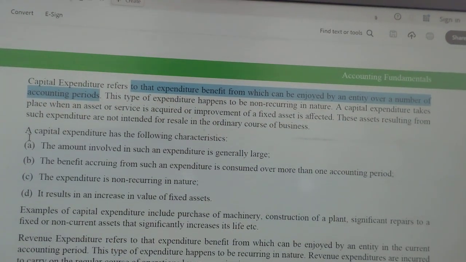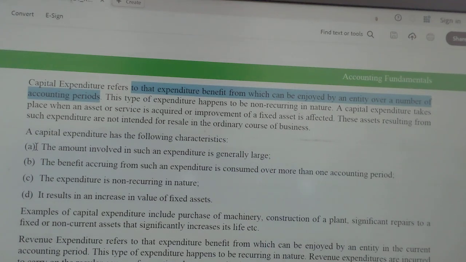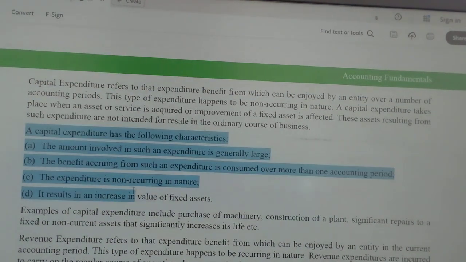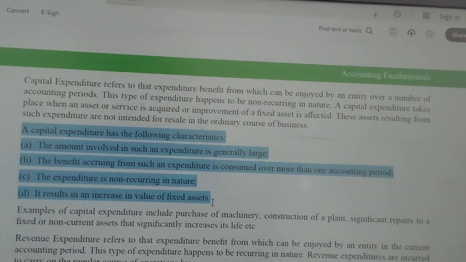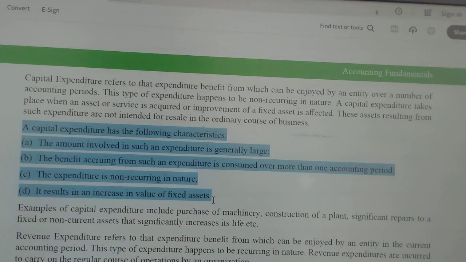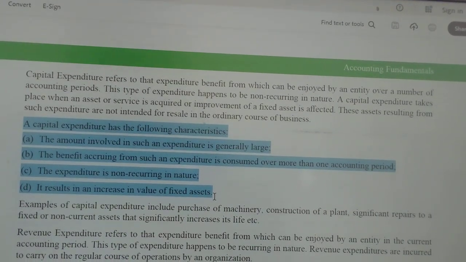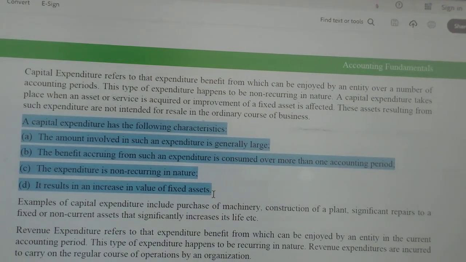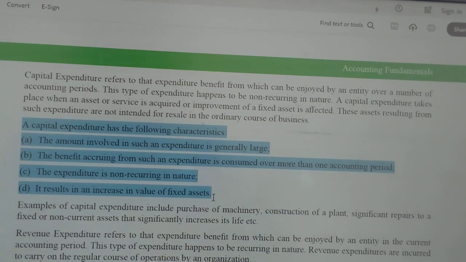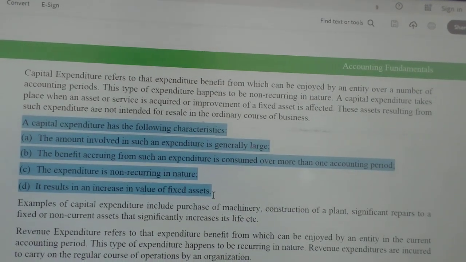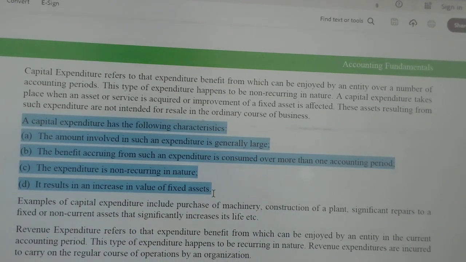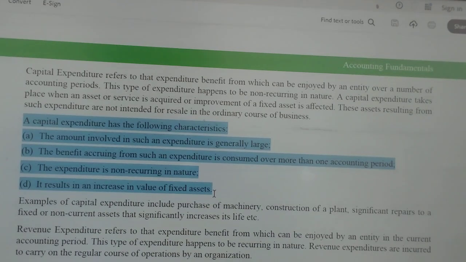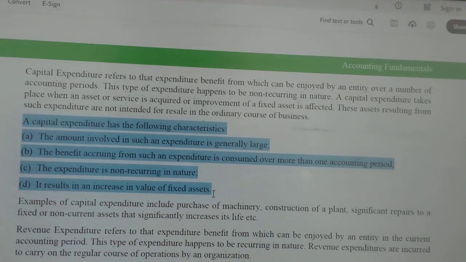Now we will understand the characteristics of capital expenditure. You can see my highlighted topics. What are the characteristics and features of capital expenditure? How will you identify it? First, the amount involved in such a transaction is very large. Second, the benefit accrued from such expenditure is consumed over more than one accounting period.